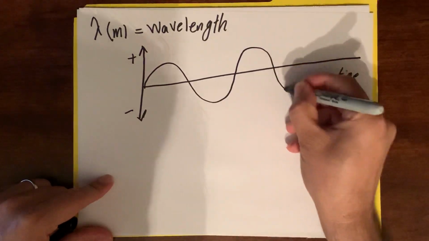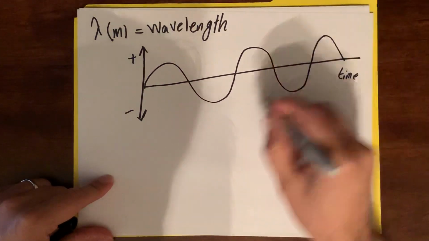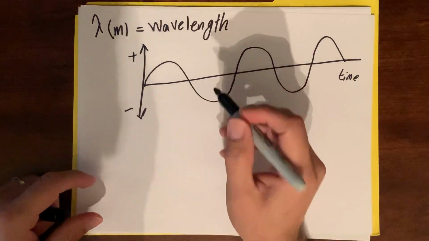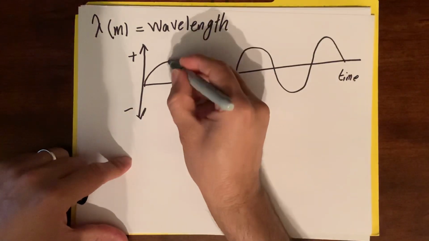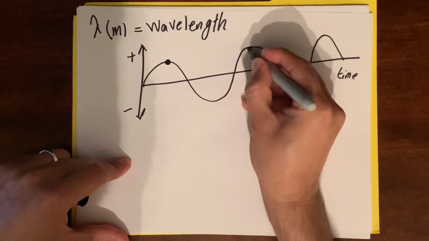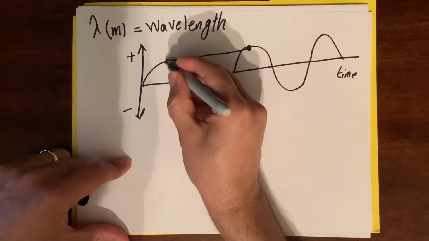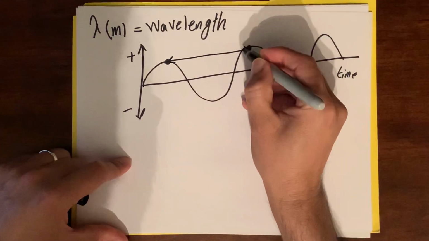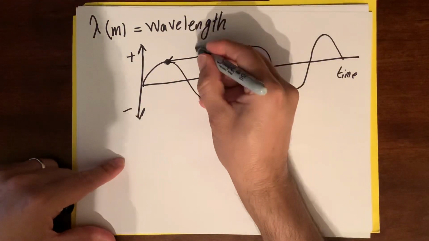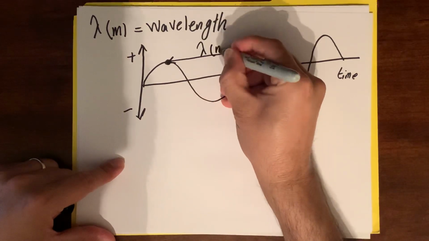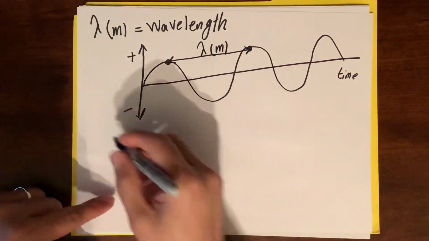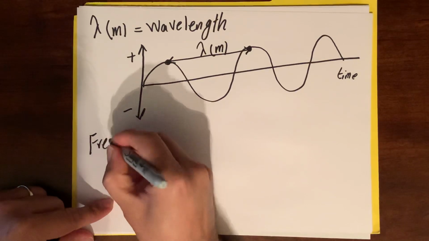Let's assume this is our wave. Two identical points on any wave, we call them wavelength, and we show it by lambda. Again, unit is meter.